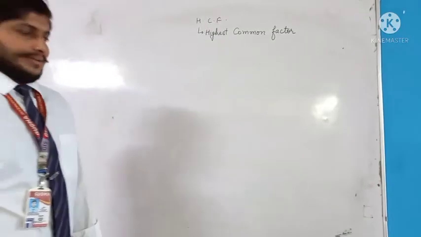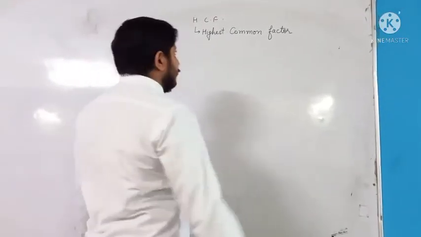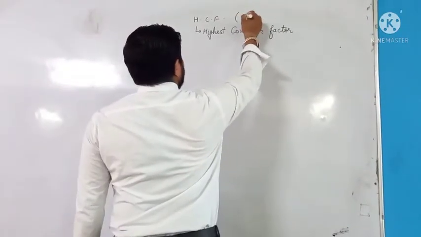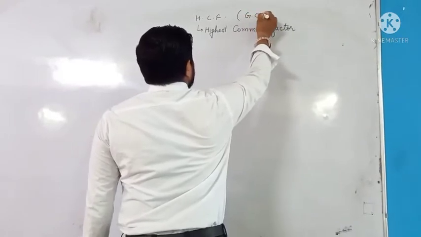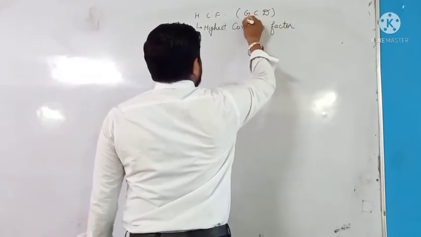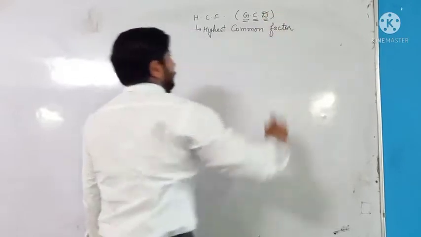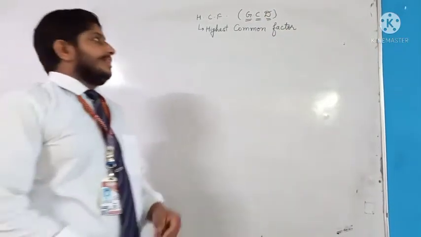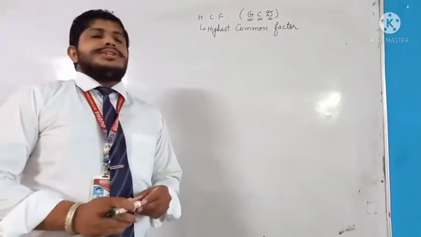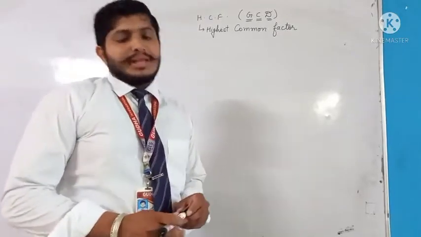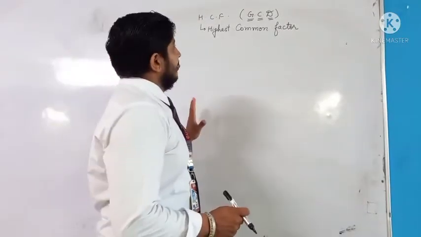Highest common factor. And we also say GCD, greatest common divisor. These are the full forms of HCF and GCD. GCD and HCF are the same thing, both are the same.